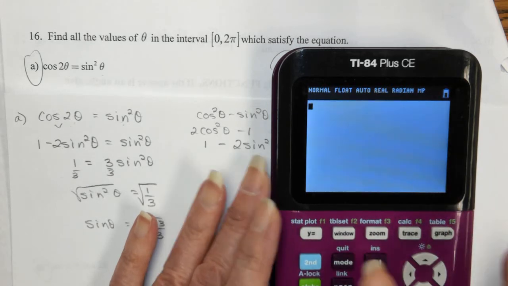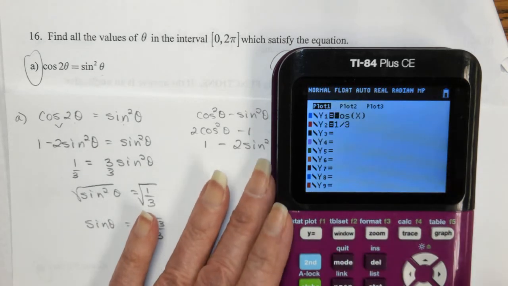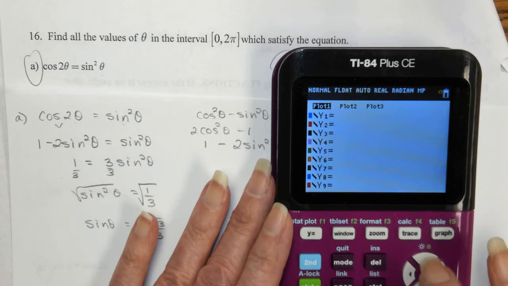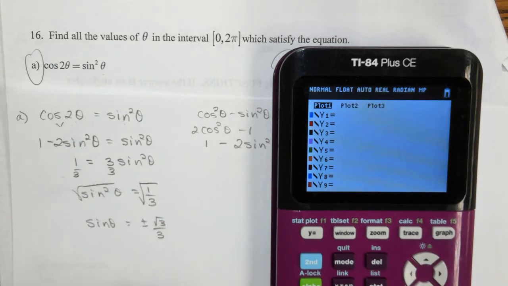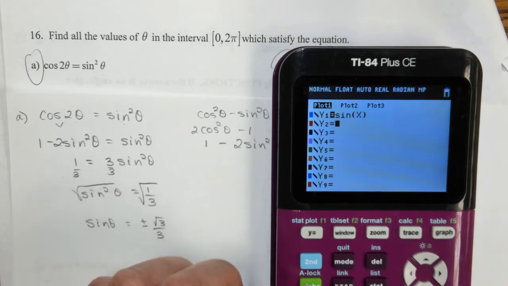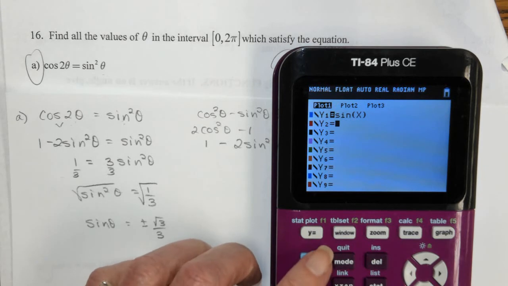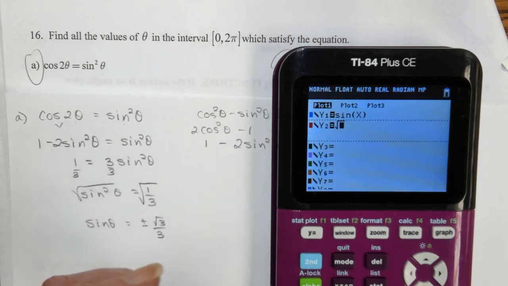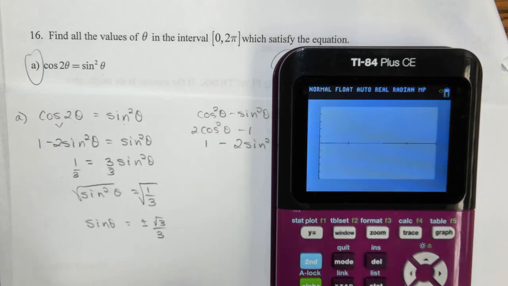And then we can go put this in. So we're going to put in sine theta, or sine x, and then here we're going to put in our positive root 3 divided by 3. And then we're going to go ahead and graph that.